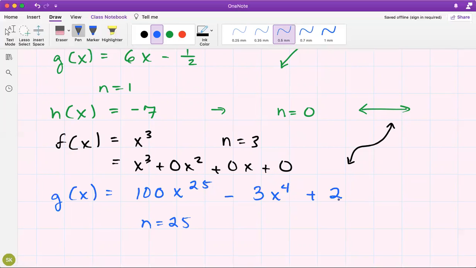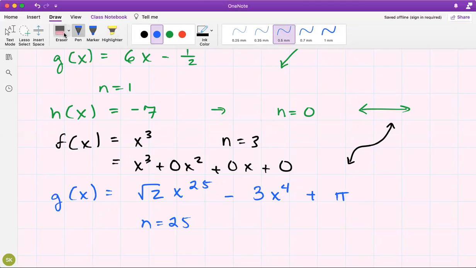I could write it out in that big expanded form. But what you want to recognize when you see a function like this is that the powers on the x's are integers, and they're non-negative integers. And the coefficients are real numbers. So instead of this 100, you could put something like the square root of 2. That's a real number. And instead of this 2 here, you could put something like pi.